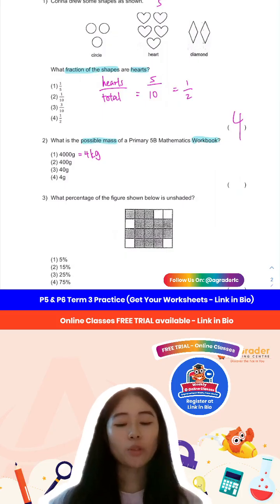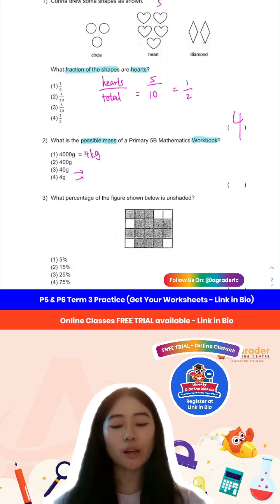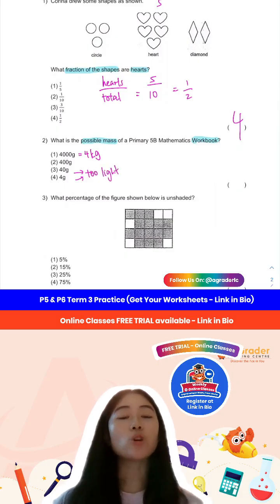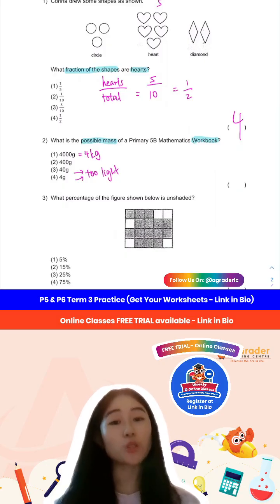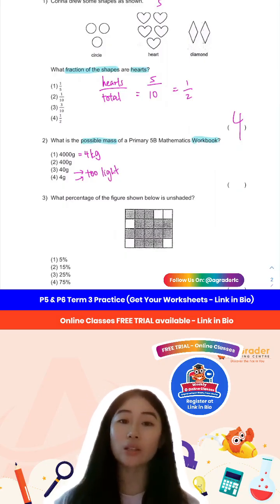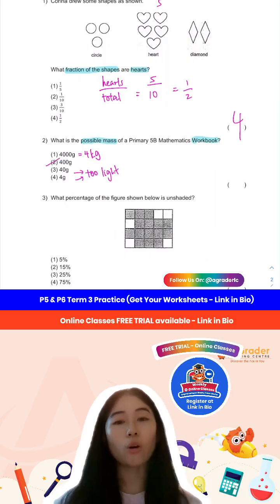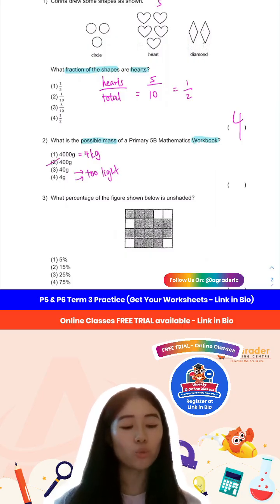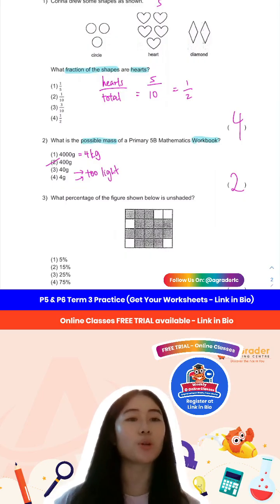Then for option 3 and option 4, you have 40 grams and 4 grams. Both of these are actually too light. So option 1 is too heavy, but option 3 and 4 is too light. So the only one that is more possible is number 2, which I think most of you got correct. That's good.